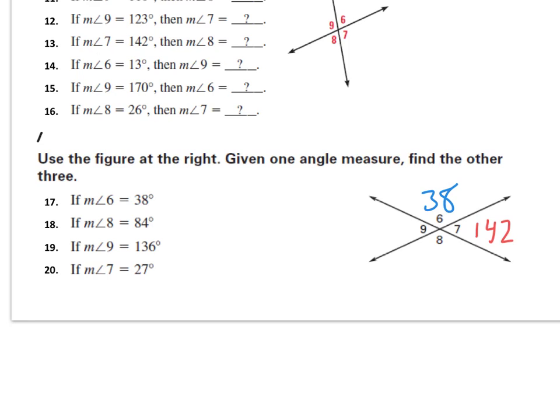Now 8 and 6 are vertical angles. They are directly across from each other at the intersection. So if 6 is 38, 8 is 38. And 9 and 7 are vertical angles. They are directly across from each other at the intersection. So if 7 is 142, 9 is 142. And now we found the other three angles based off of angle 6.